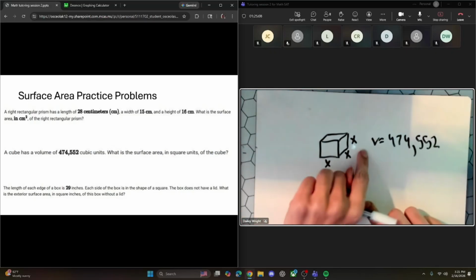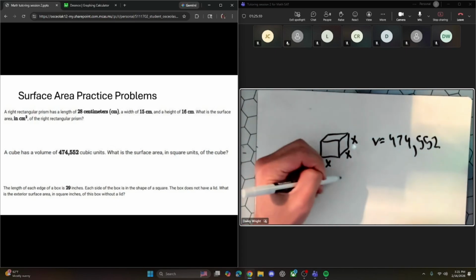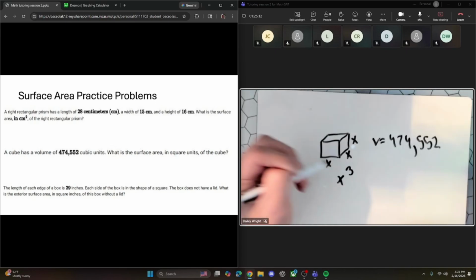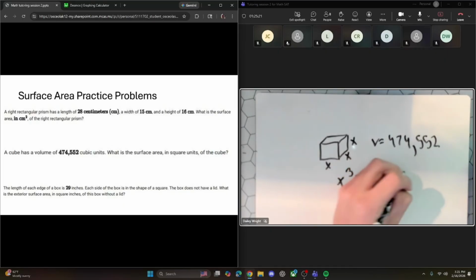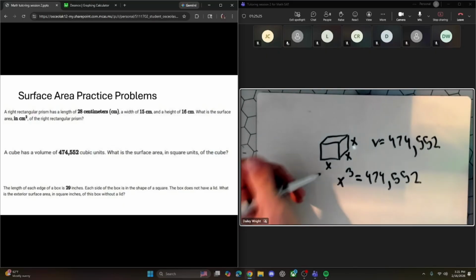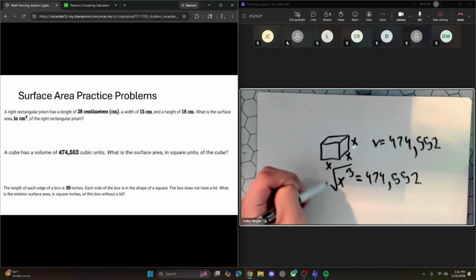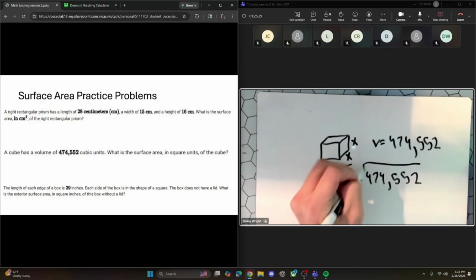And length times width times height gives you volume. So the volume of a cube is actually x cubed. So x cubed will give you 474,552. So to find what one of the side lengths is, you would cube root x.